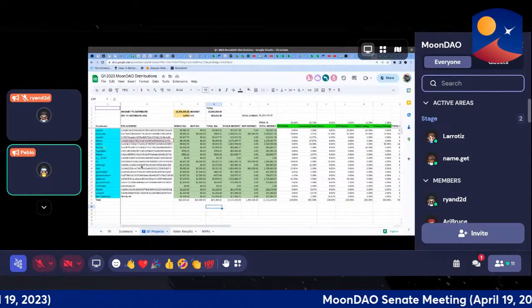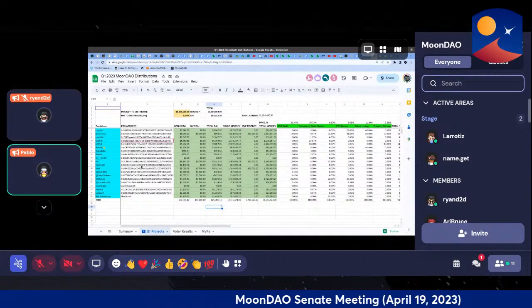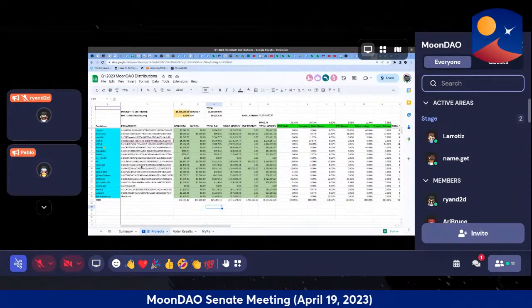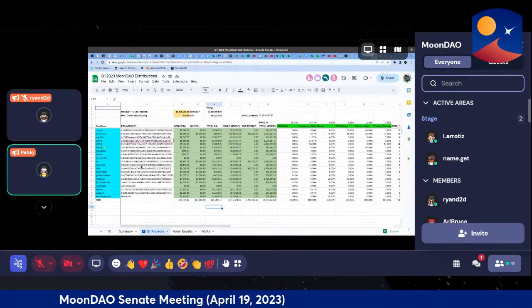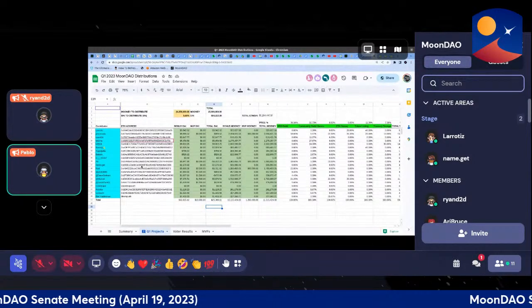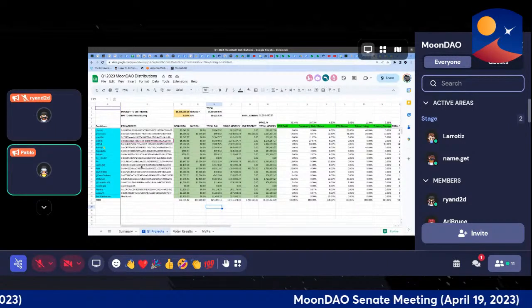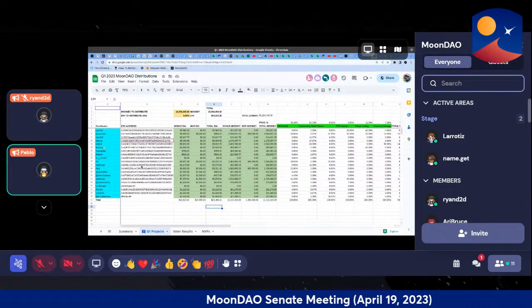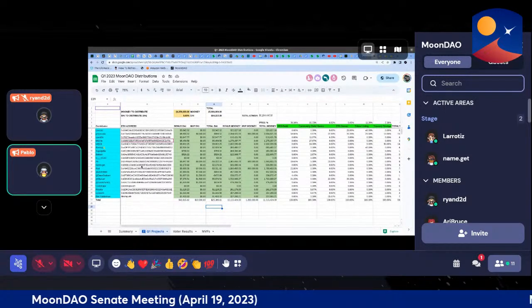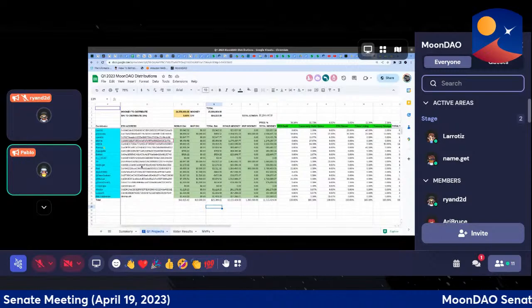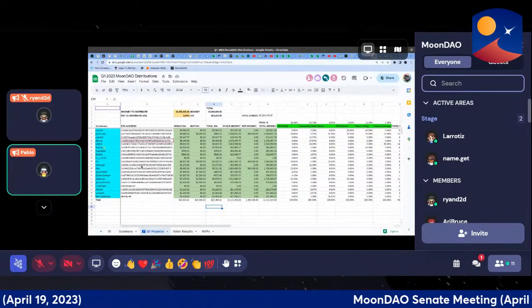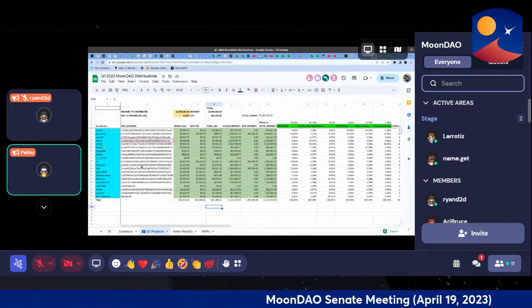But each time we apply, we need to have new information. A letter from a congressperson would be new information. More letters of support would be new information. So we'll need to make sure we have something new to bring over to the visa office.